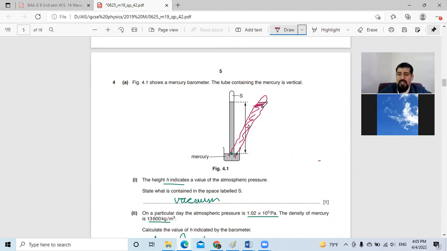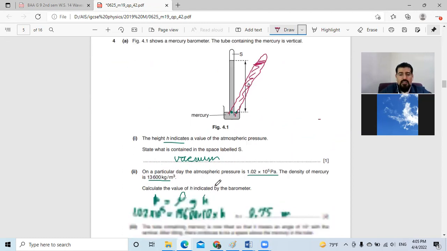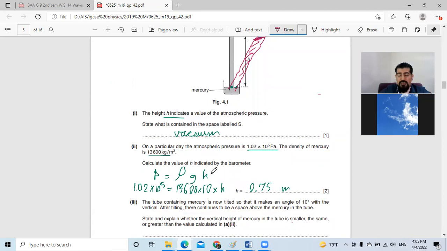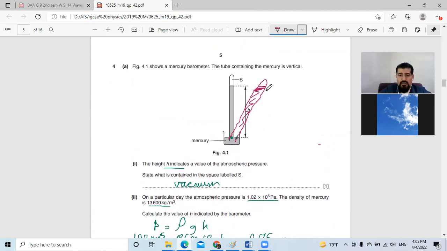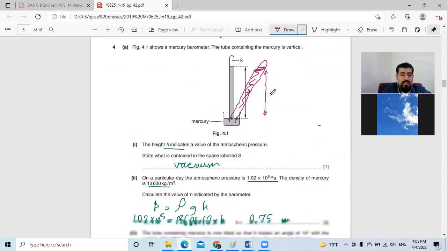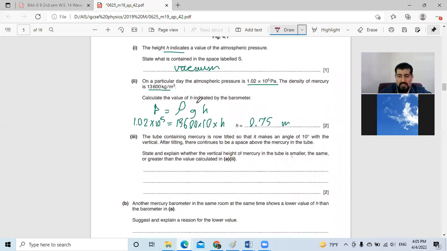No, it will be exactly the same height because of the formula: pressure equals density times gravity times height. The height here depends on the vertical height, not the tilting height. So this vertical height remains the same. So the answer is the same, since we are using the vertical height.